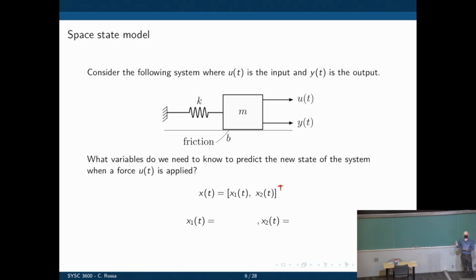What can store energy here? Well, first we have the spring. And the spring stores energy in the form of potential energy, one half k x squared. So it depends on the position of the mass. All right. What else can store energy here?